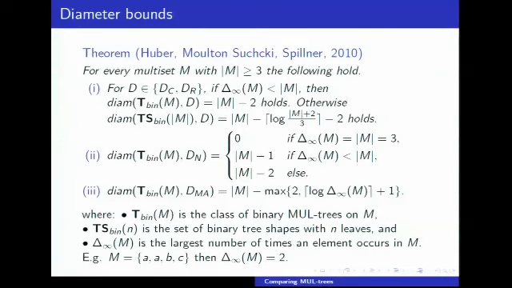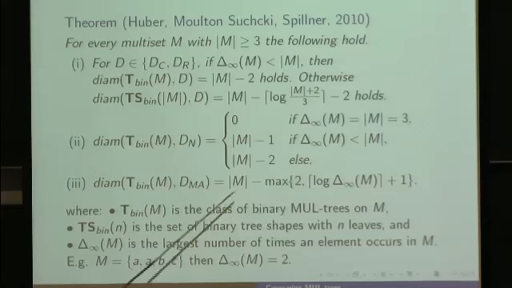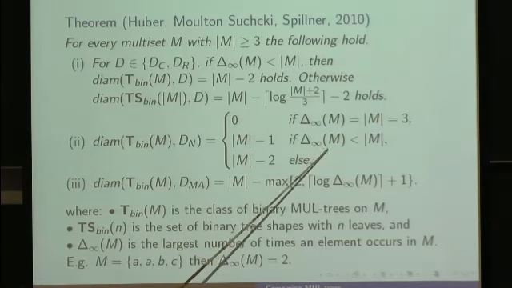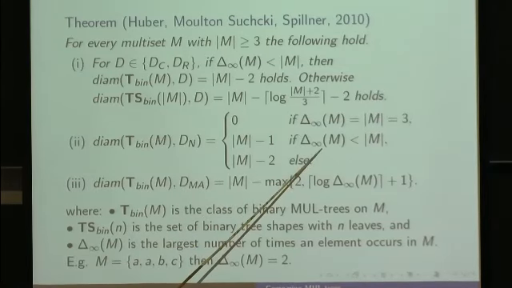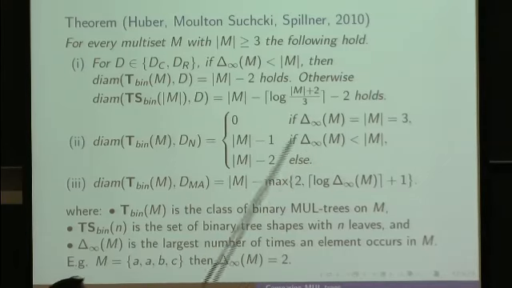If I don't have an element whose multiplicity is the size of M, then I get this bound here, and otherwise I have this even smaller number here.